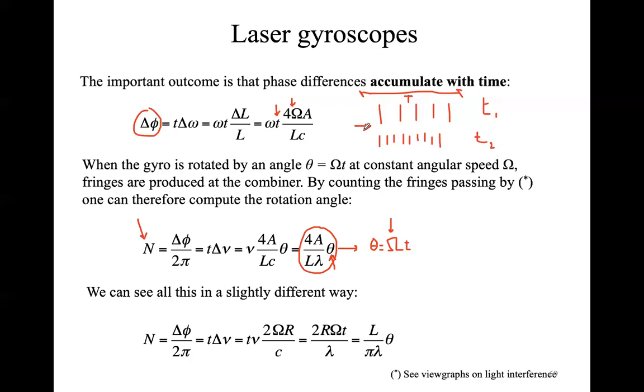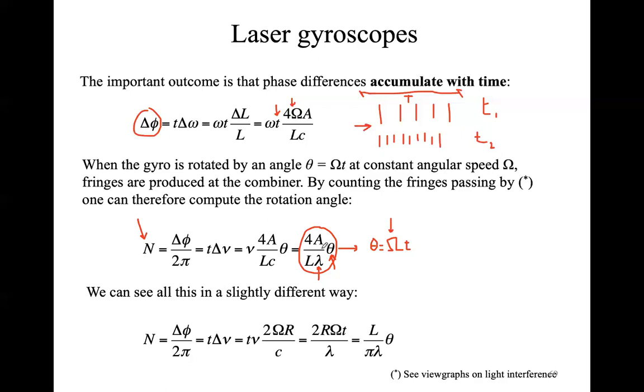You can also determine the number of fringes in a different way, because as I said, lambda is the wavelength of the beam that you know. It is a laser beam, so it is a property of the beam. The area and the L are properties of the ring laser gyroscope, or in this case, of a fiber optic gyroscope.